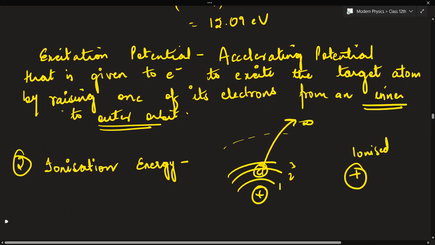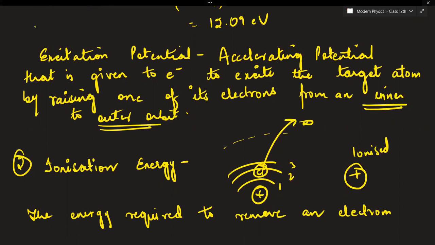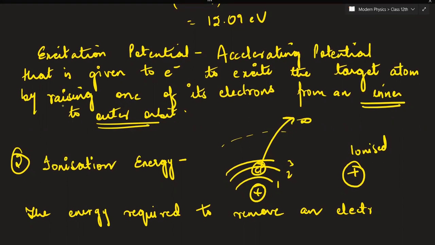So this is the energy required to remove an electron out of the atom.